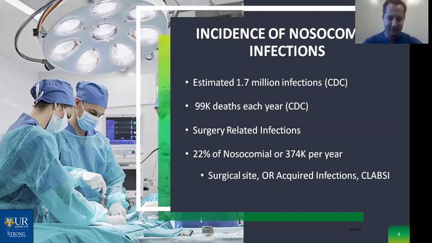However, 22% still translates into 374,000 cases per year of OR-related infections, that include OR-acquired infections, central line-associated bloodstream infections, and surgical site infections. So that is quite a big number that we obviously can improve on.